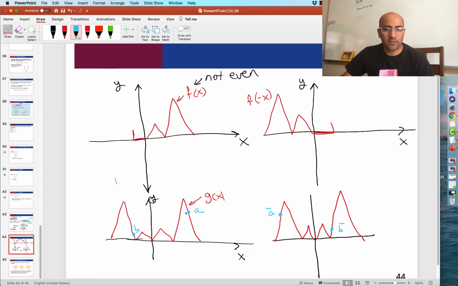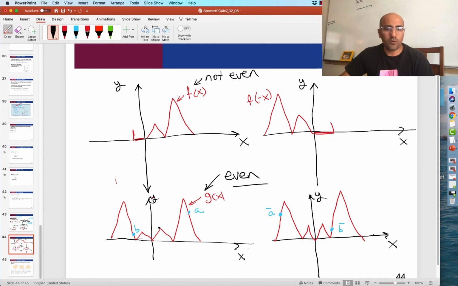So there was a switching around, but both graphs look identical. Once I reflected them across the y-axis, they looked identical. So therefore, I can tell that this is the graph of an even function. I can conclude that this one is even.